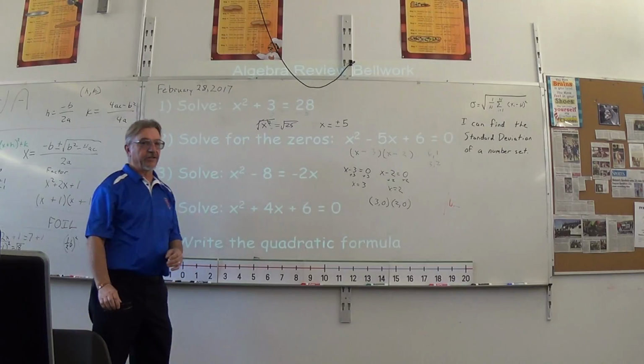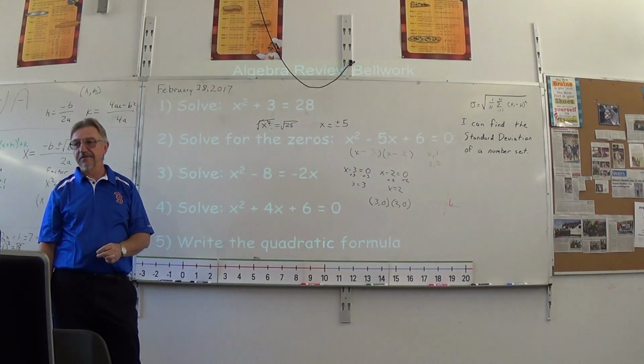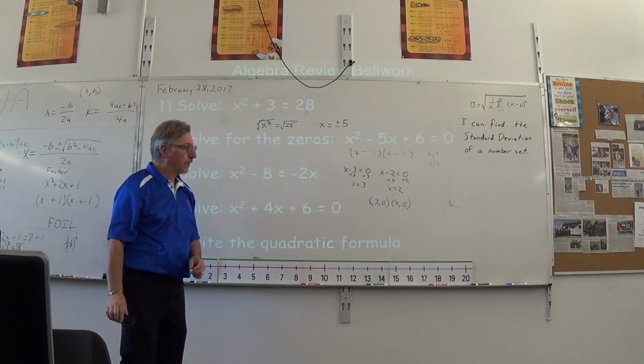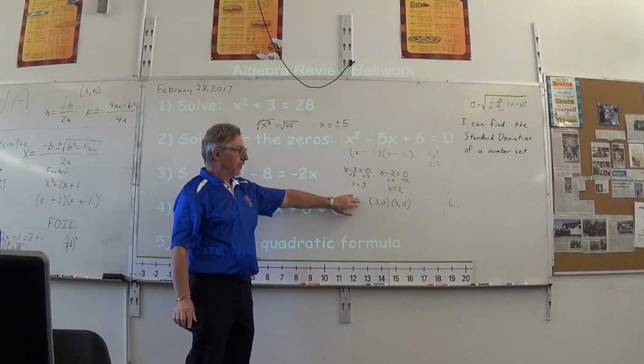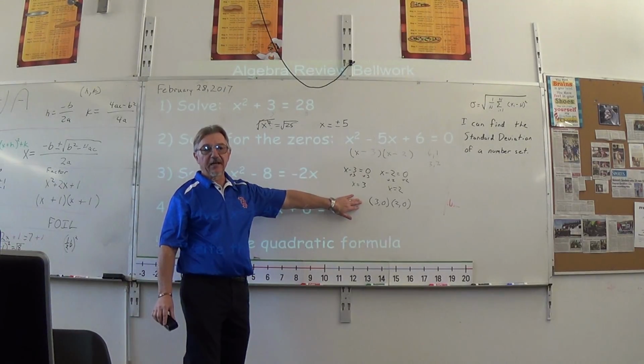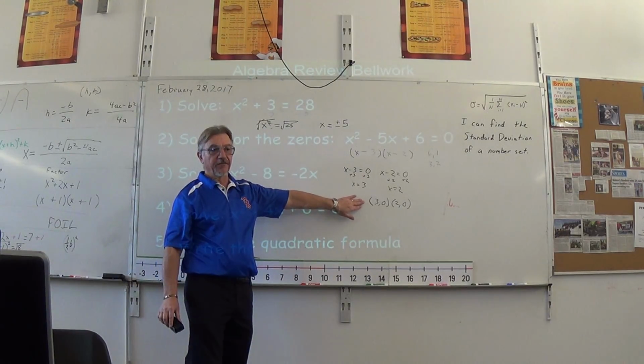And you have a question, and we'll have to... on the benchmark, if it asks for solve for the zeros, it should give you a choice of answers like this.